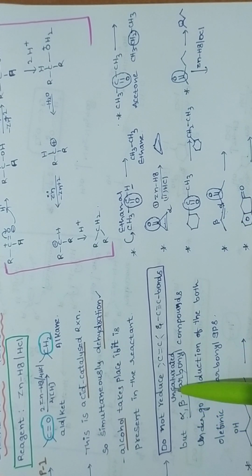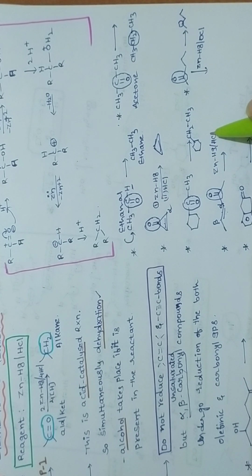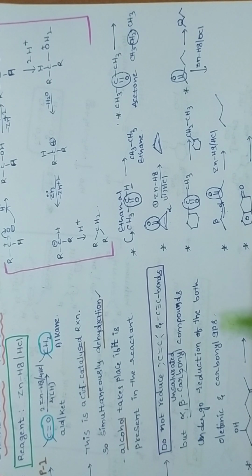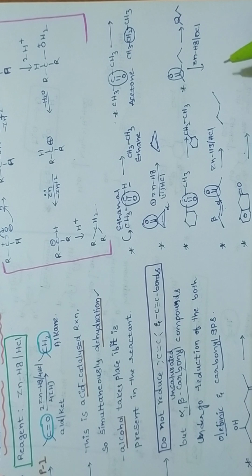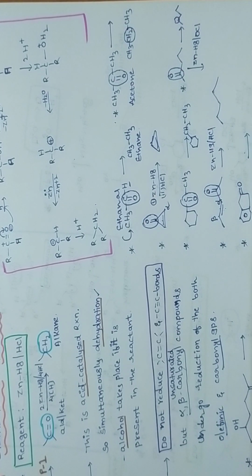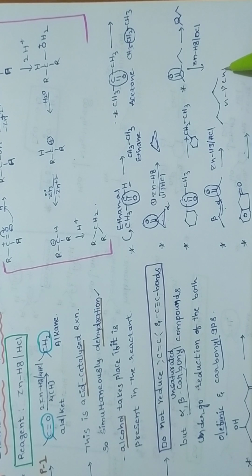So whenever alpha beta unsaturated carbonyl compounds react with this Clemmensen reagent, that is zinc amalgam in the presence of HCl, acidic medium, the double bond is also going to be reduced. It reduces the double bond as well as the carbonyl group. We are going to get n-pentane.